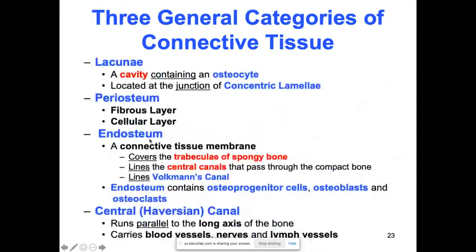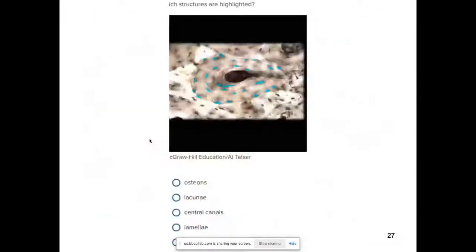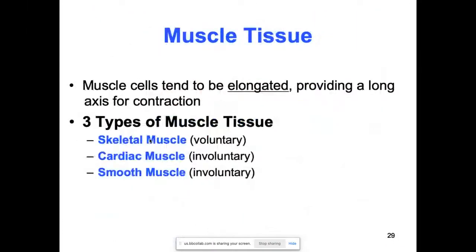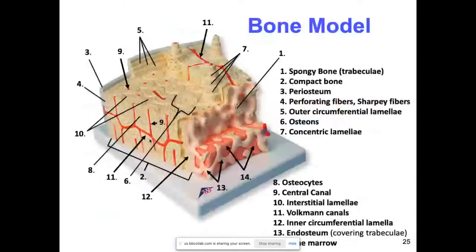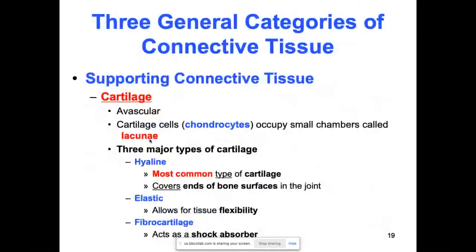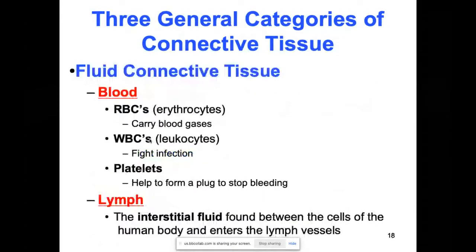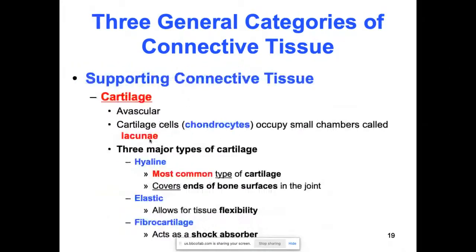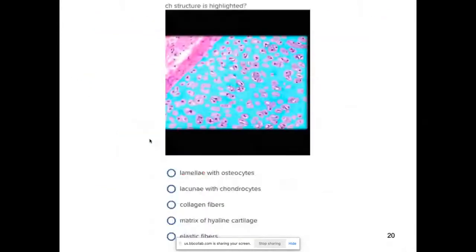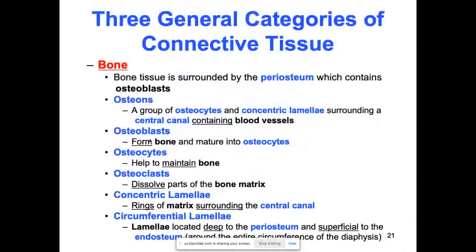So we have lots of different types of connective tissue, different categories, and that's important to know. Again, loose, dense, fluid, supporting connective tissue, and bone.